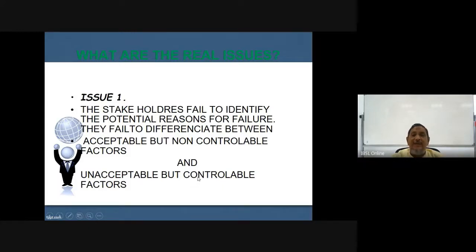There are certain controllable factors, but they come at unexpected times. For example, the coronavirus, COVID-19, is unacceptable, but can be controllable.